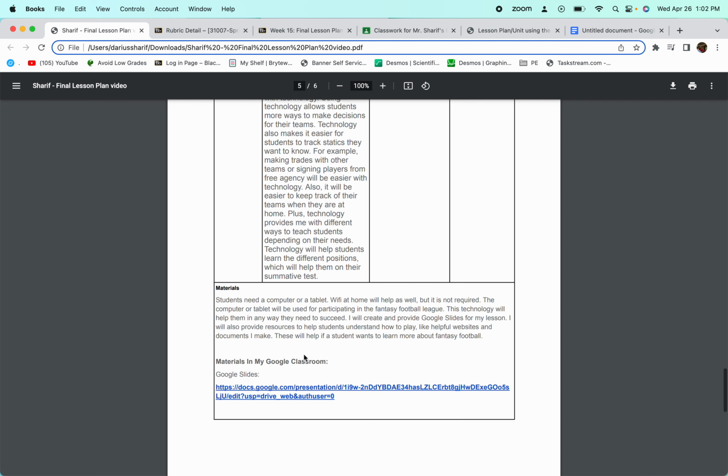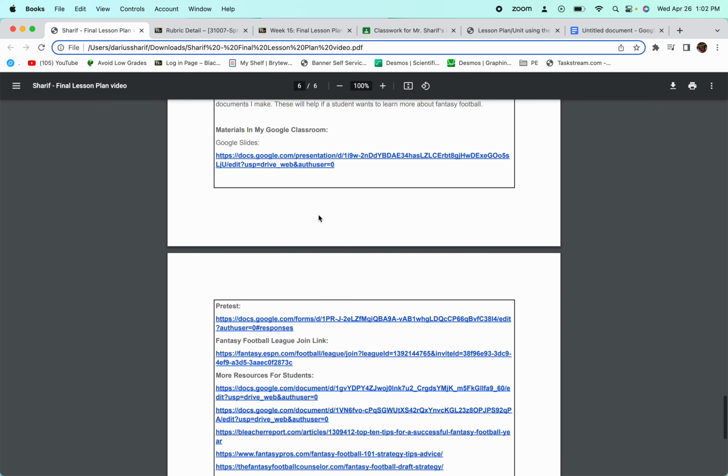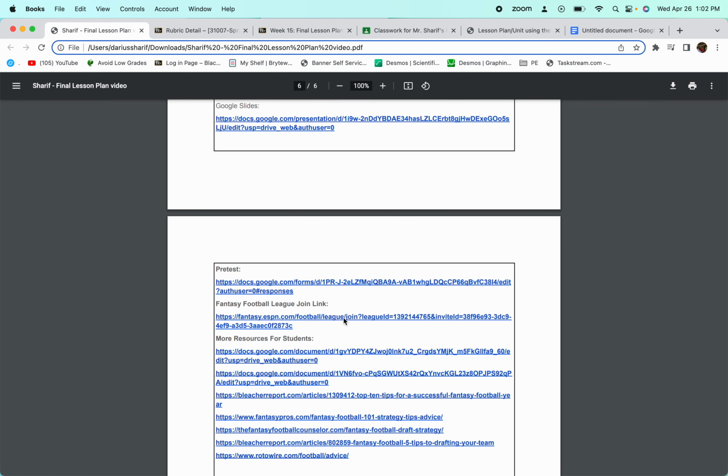But then I also have a bunch of links to what I have in my Google Classroom, and the Google Slides is exactly what preparing the instructional environment is, because all the links will help the students learn and get more information on playing fantasy football. So that's basically their environment right there.